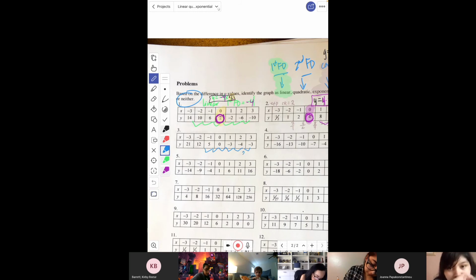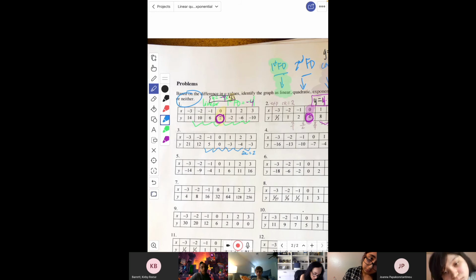Remember, our second finite difference we set equal to 2a, so we could find the rule.